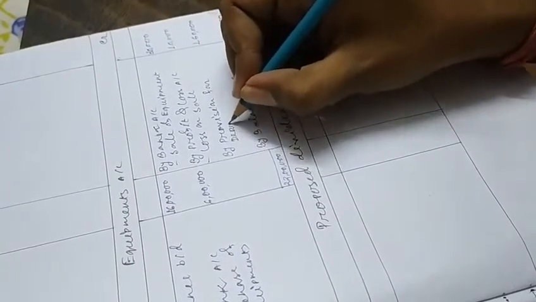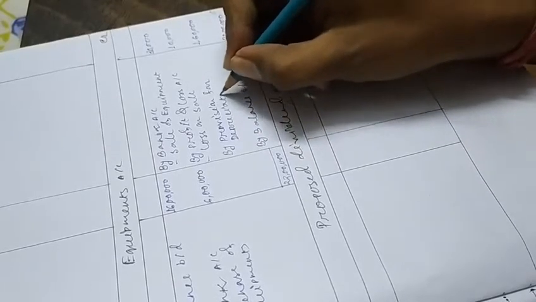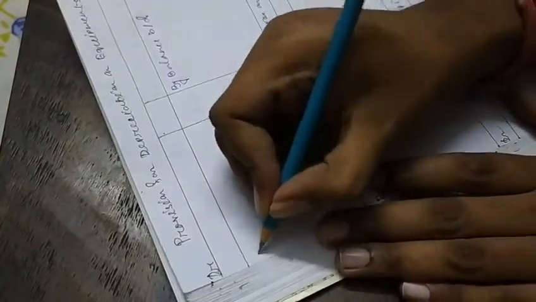For depreciation. Okay, 1,60,000. Okay, so we'll just make this contra through provision for... it is in the credit side, so we'll just make the entry complete with the debit side of provision for depreciation on equipment.